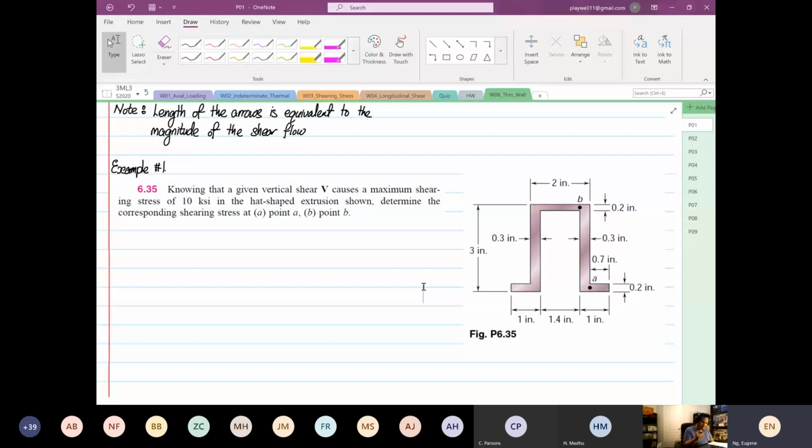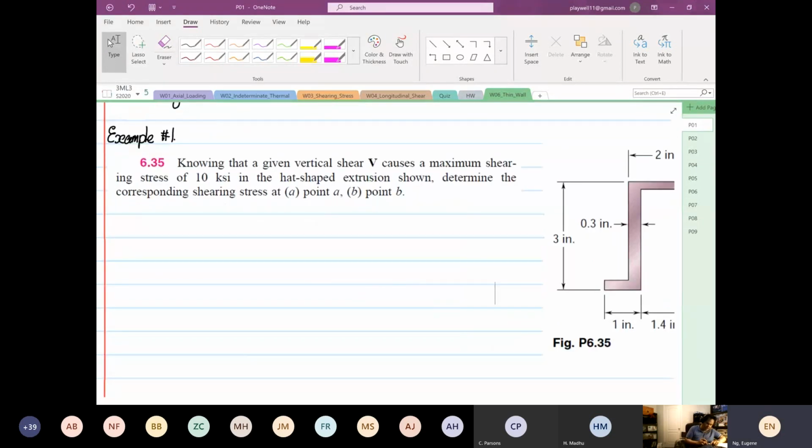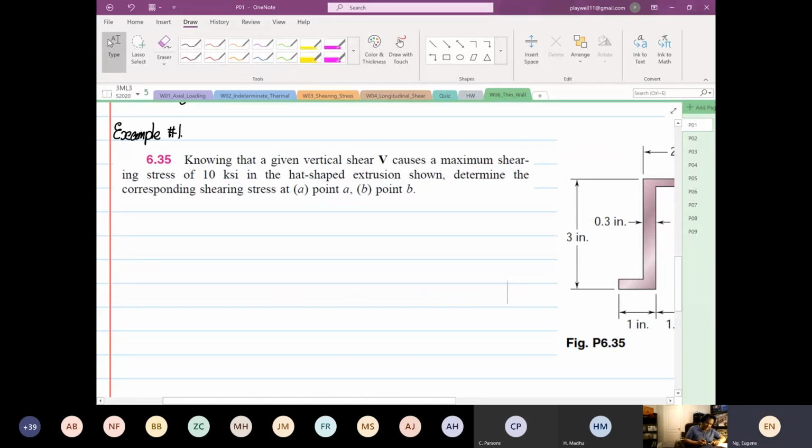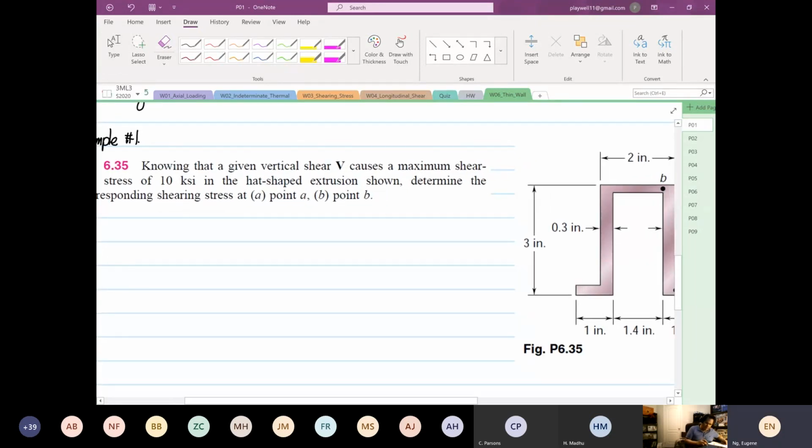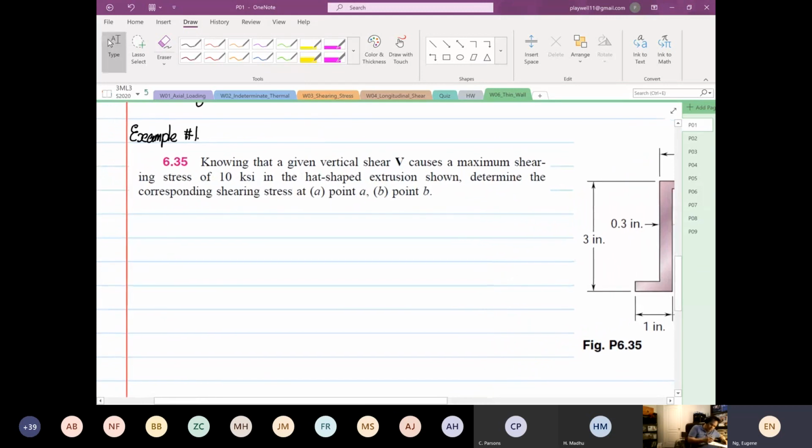Knowing that a given vertical shear causes a maximum shearing stress of 10 ksi in the extrusion shown, determine the corresponding stresses at point A and point B. So we know that tau max is equal to 10 times 10 to the power 3 psi.